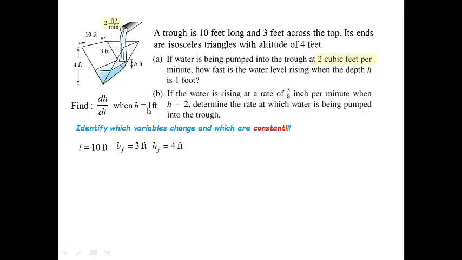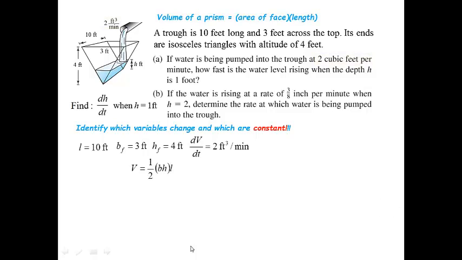So what is that really? That will be the change in what? That would be a volume. The change in the volume over time, dV/dt, is 2 feet cubed per minute. So you see that this is volume over time, right? Everything has to make sense and work.